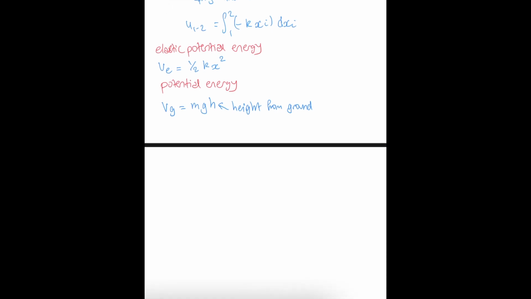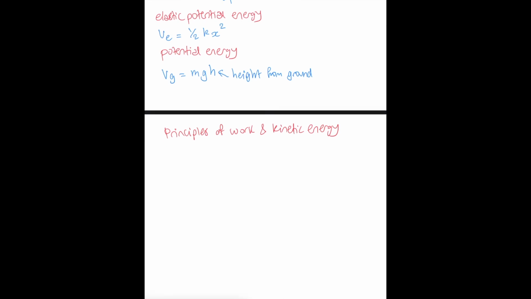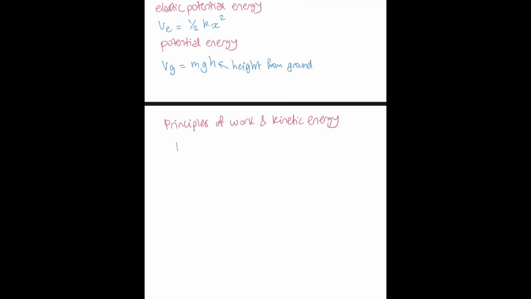Now we want to find the kinetic energy. So, principles of work, kinetic energy, because they're very related. So, kinetic energy, or T, is equal to half mv squared.